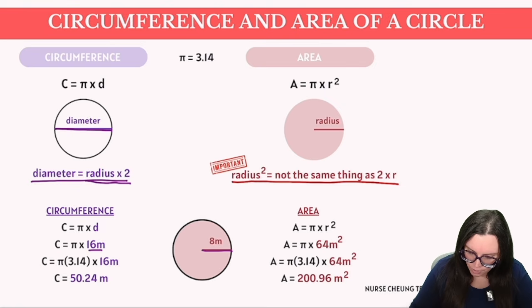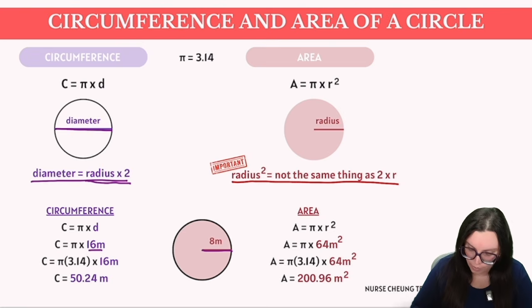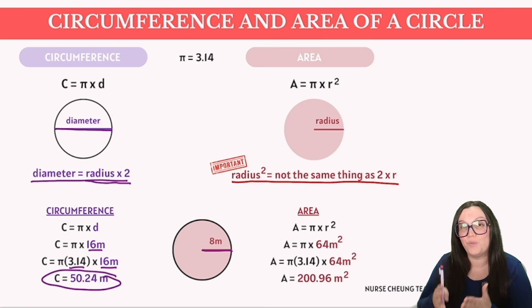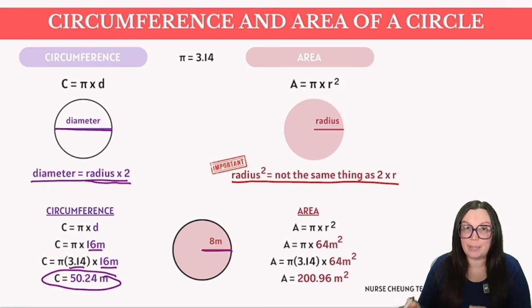So we're going to plug that into our equation. Pi is just a fancy way of saying 3.14 when it comes to your TEAS. So you can automatically manipulate the pi to be 3.14. So we're going to multiply that by 16, and that is going to give us our circumference of this circle as being 50.24 meters.